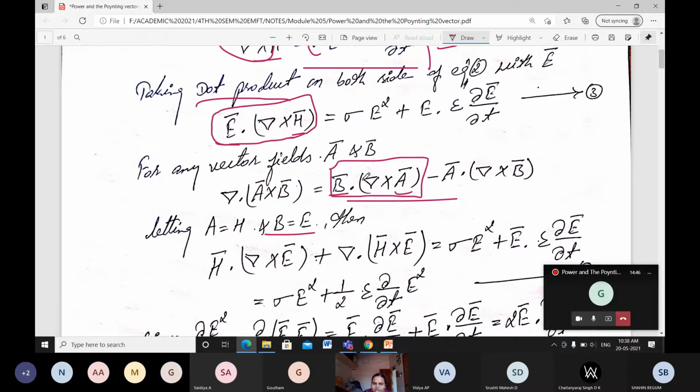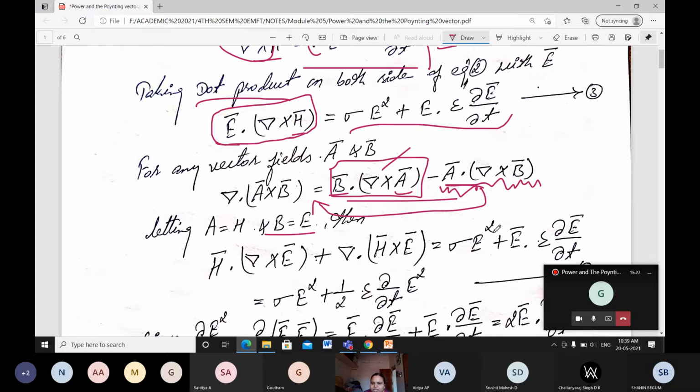So when I keep this part here and move the right hand side equation to the left hand side, your minus is going to be a plus, replacing A with H and B with E. When I write the equation based on this, instead of A we write H dot del cross E, plus del dot of H cross E. That is what is written here. That is going to be equal to the remaining part of this.